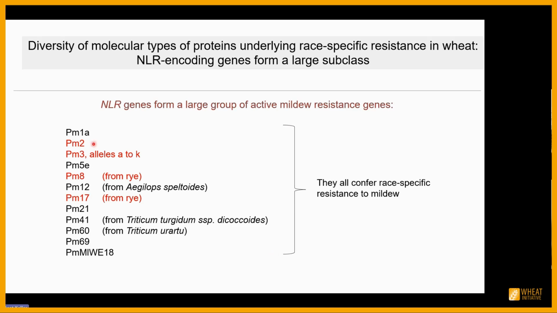So these are mildew resistance genes which encode NLR immune receptors, and they all confer very specific resistance to mildew. Of course, we ask the question, what do they recognize in the pathogen? Because we wanted to better understand at the molecular level the basis of the interaction of wheat and powdery mildew.